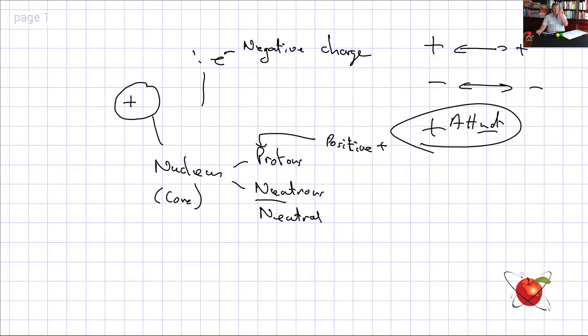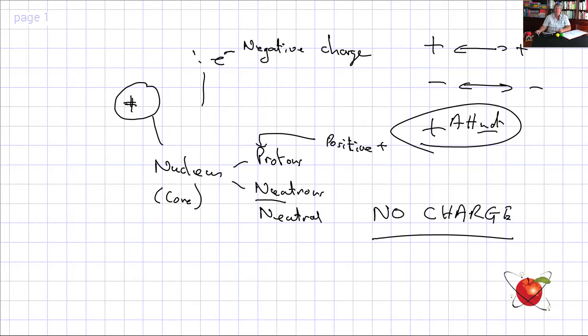So let's just think about this. We've got this central core. Let's take it step by step. We've got one proton of positive charge in the middle. We've got one electron floating around the outside. Remember what we said about the periodic table. What was very important about it is each element in the periodic table had no charge.